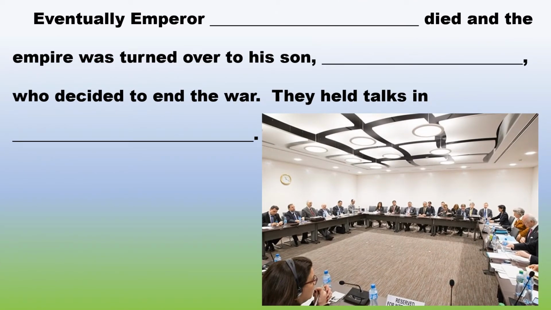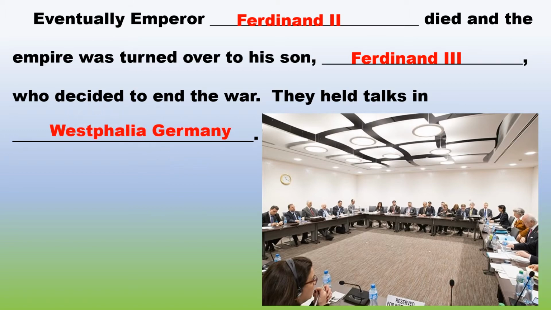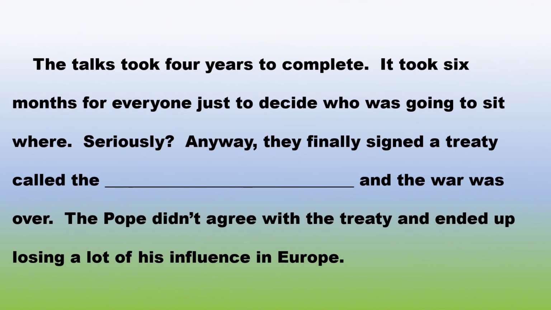Eventually, Emperor Ferdinand II died, and the empire was turned over to his son, Ferdinand III, who decided to end the war. All the nations came together and they held talks in Westphalia, Germany. The talks took 4 years to complete.